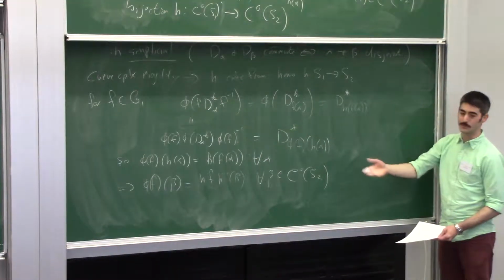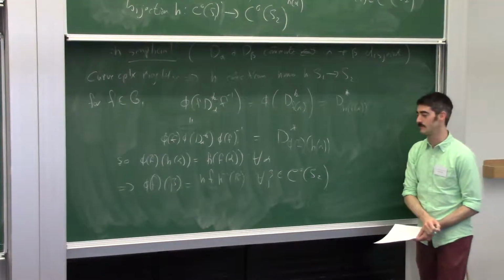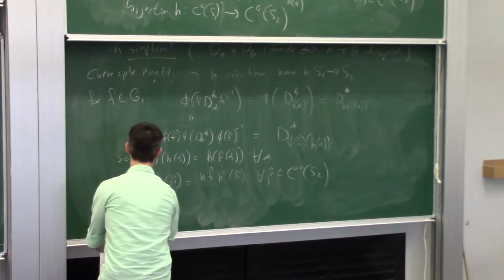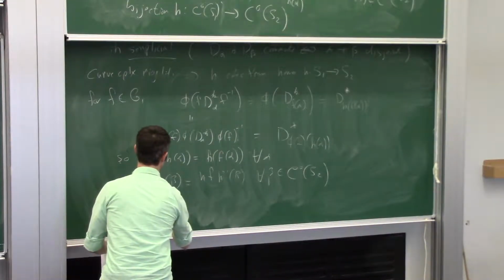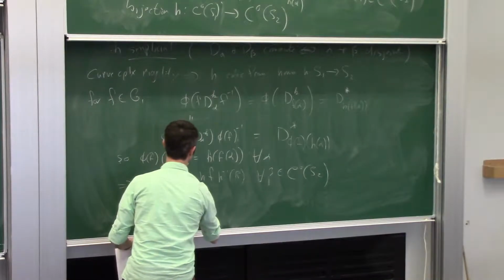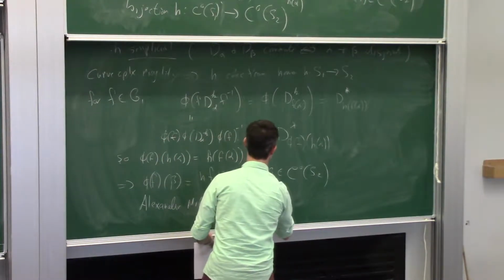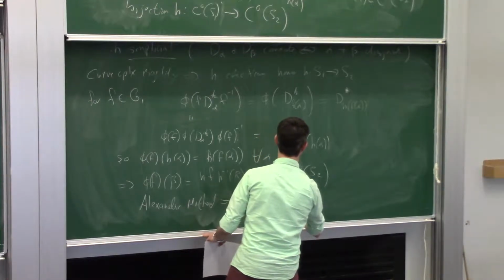Okay, and then there was this Alexander sort of method that Javi mentioned before that implies these two maps are the same. Okay, so then the Alexander method implies that phi of f is equal to h f h inverse.